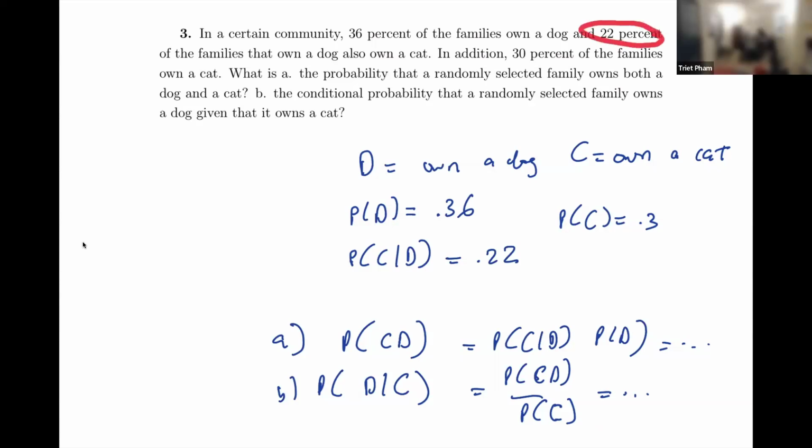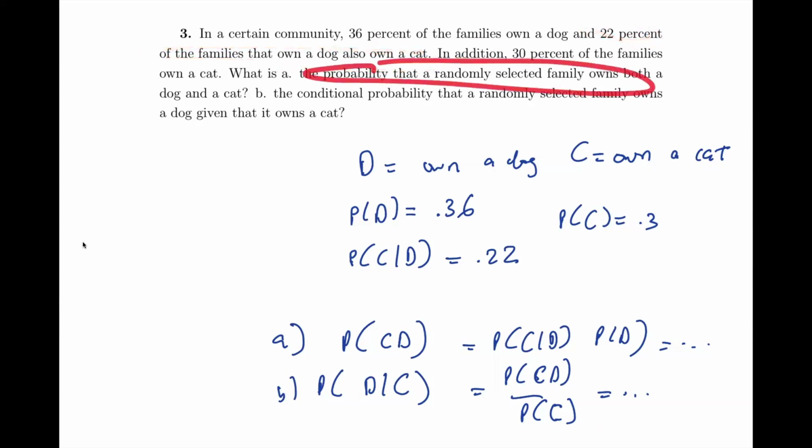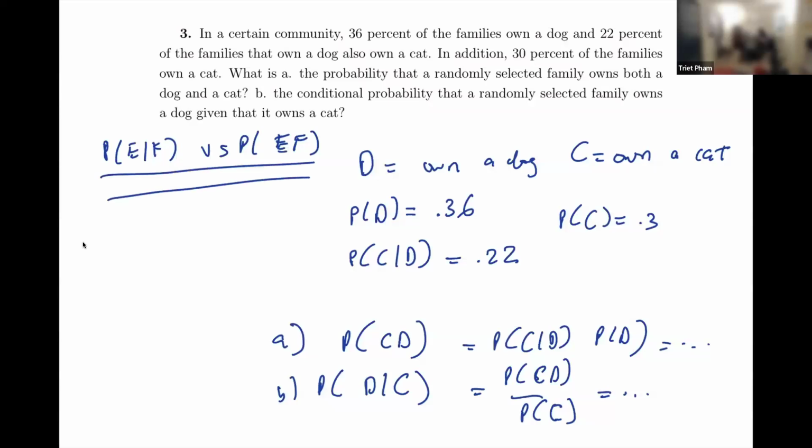You're comparing this statement and then this statement, correct? Yeah. So that's exactly what the slide of P of E given F versus P of EF was about. And I did say you're bound to get confused.